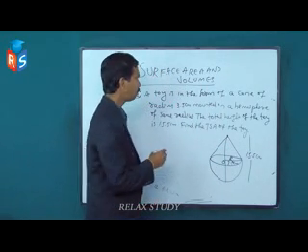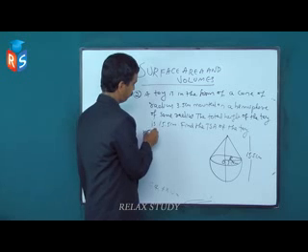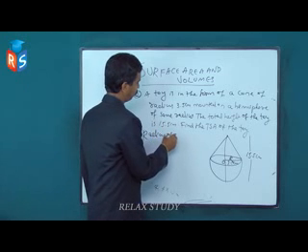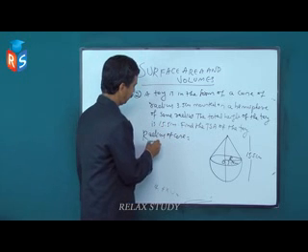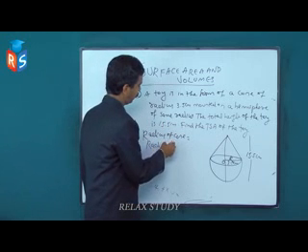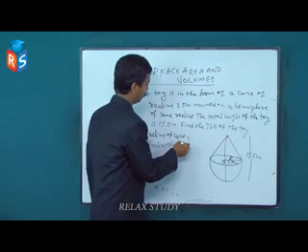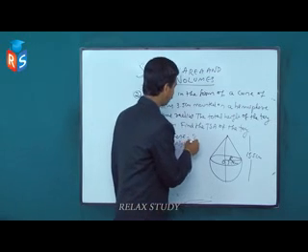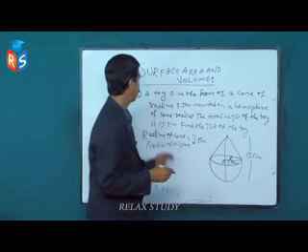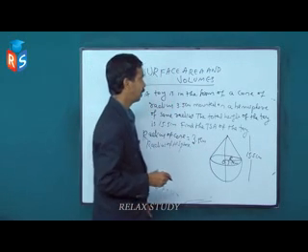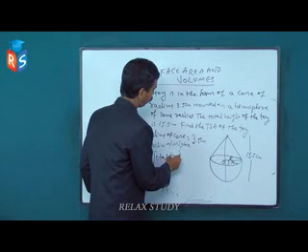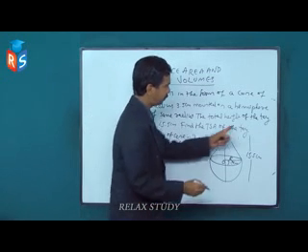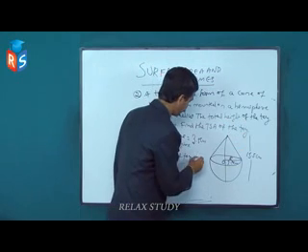So the radius of the cone equals the radius of the hemisphere, that is given. The radius of the hemisphere is given as 3.5 centimeter. Both the radii are the same. The total height of the toy is given as 15.5 centimeter.